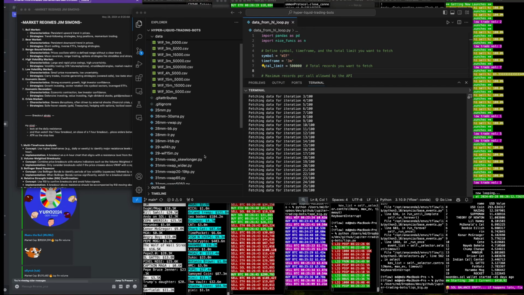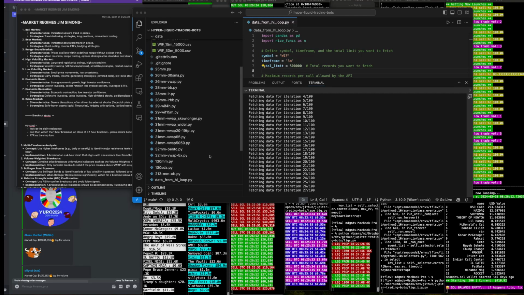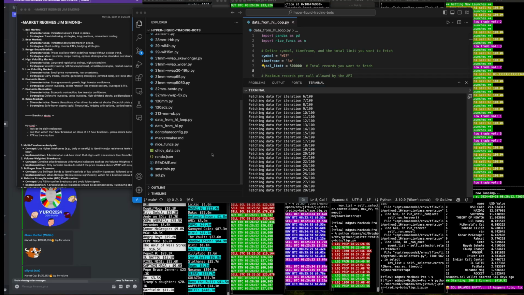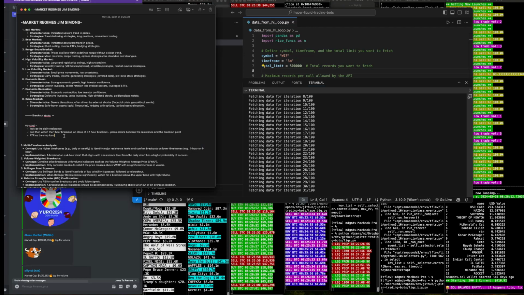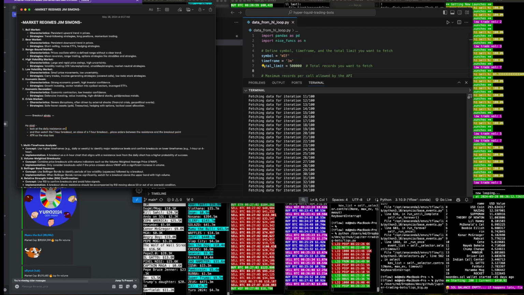So that's getting a bunch of data for us, which is great. Look at resistance on the 1 day.